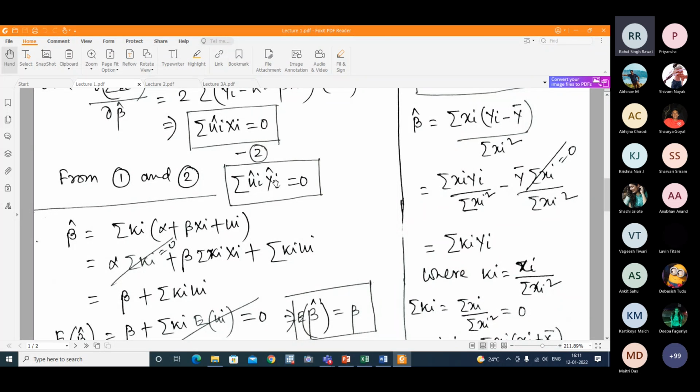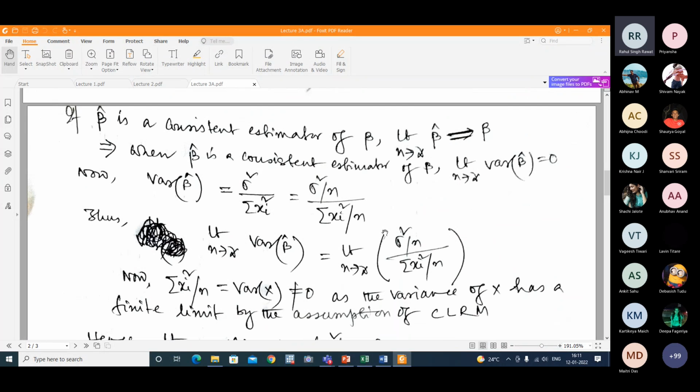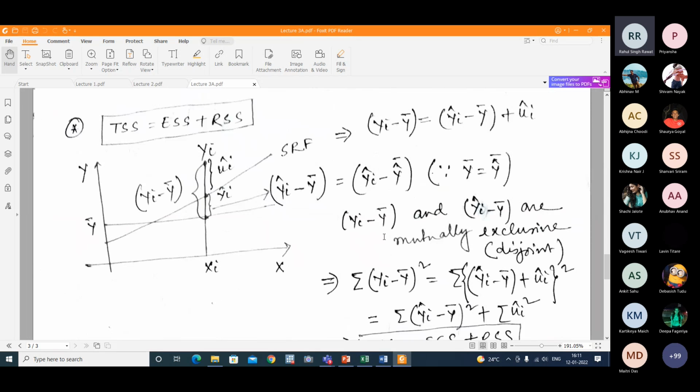And the other component would be y bar into the summation of u hat i. Again we have proved that the summation of u hat i is equal to 0. So the 2ab component would be equal to 0, because these two segments are mutually disjoint.